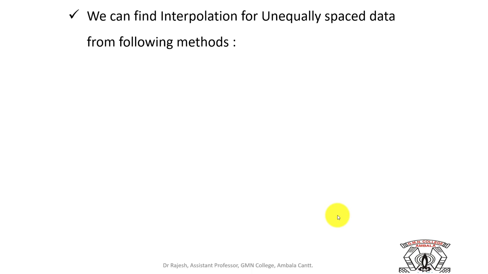We can find interpolation for unequally spaced data from the following methods. Unequally spaced means the spacing between the consecutive arguments is not equal. So what are the various interpolating formulae for interpolating that kind of polynomial?